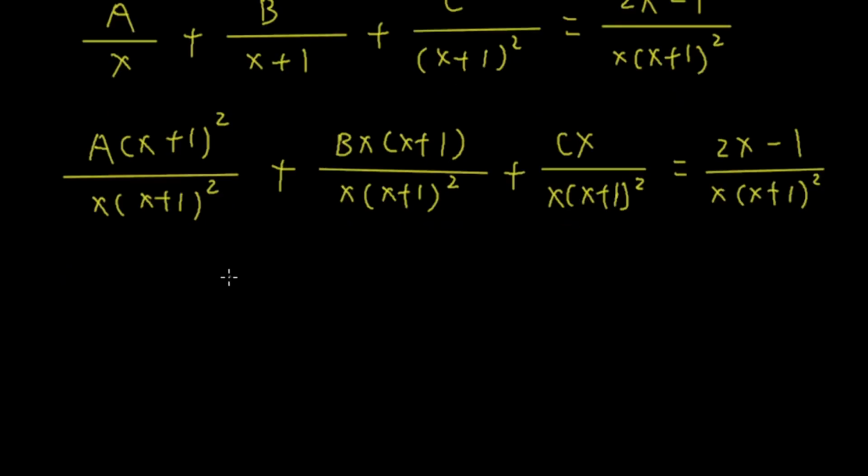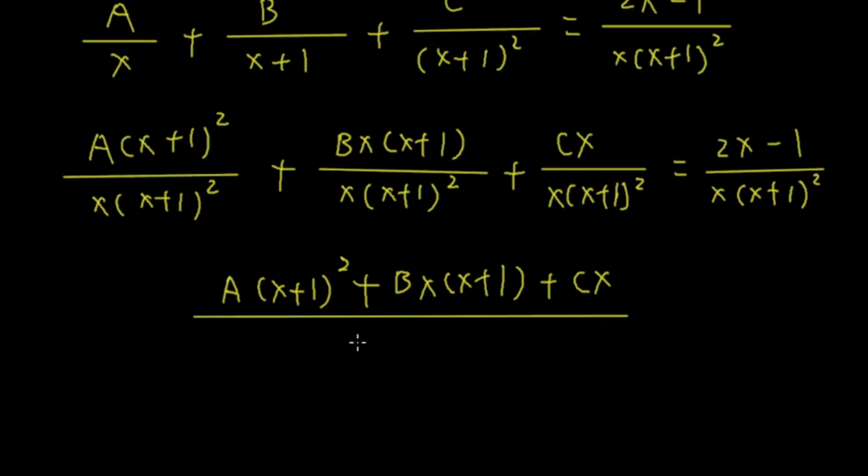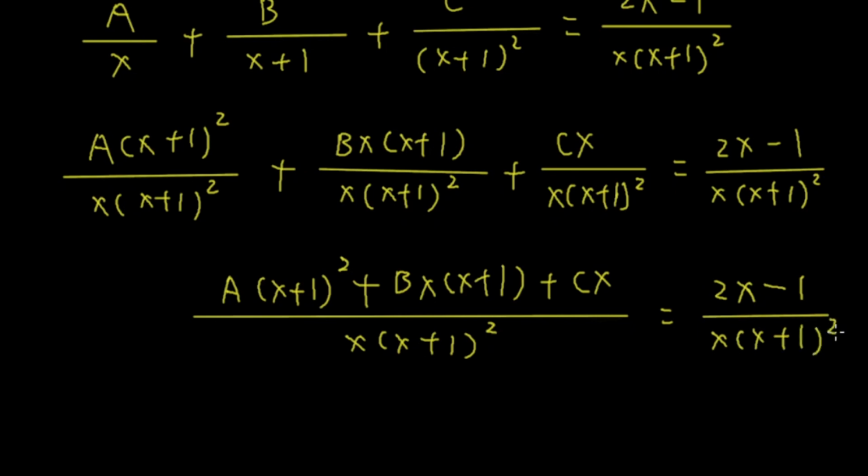So we have A times x plus 1 all squared plus B times x plus 1 plus C times x, all divided by x times x plus 1 all squared, and that's equal to 2x minus 1 all divided by x times x plus 1 all squared.